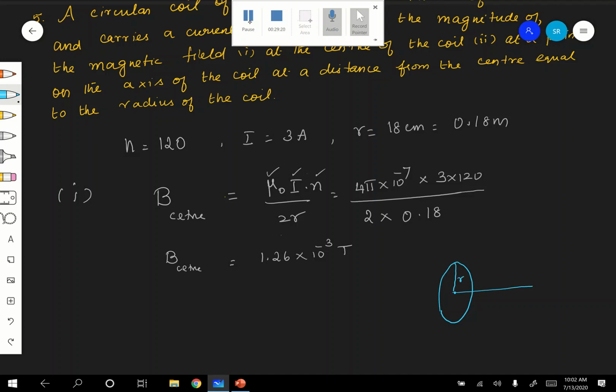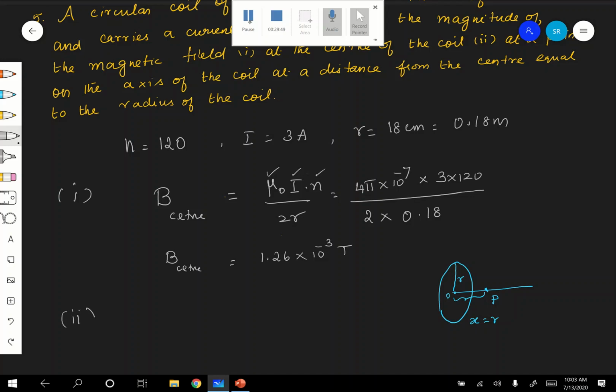At the same distance from the center, this is P. Therefore, this x is equal to r. Therefore this distance, this is O. OP is nothing but x, that should be equal to r. That is what is given here. Are you following? Therefore, substitute, you know the formula, mu naught r squared plus, therefore r.